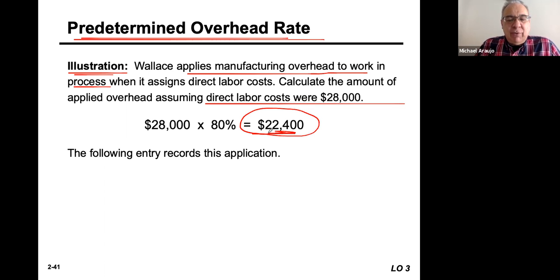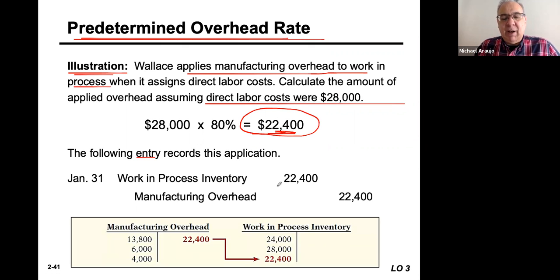This is going to be the amount of manufacturing overhead that we have to apply to work in process. So then the entry is going to look like this. Work in process inventory will get a debit of $22,400. Manufacturing overhead will get the credit because we're moving it out of overhead into the work in process inventory. So again, we're taking that out of the manufacturing overhead account and moving it into the work in process inventory. So now it's in this account here.